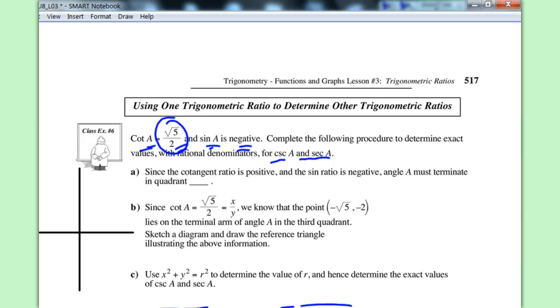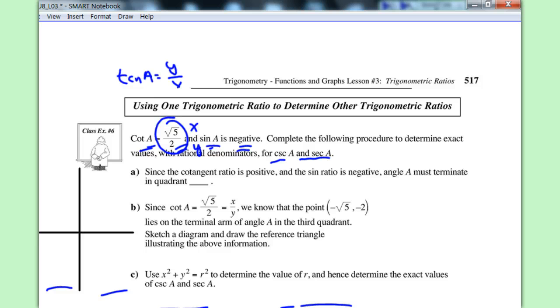Now don't forget the cotangent is the reciprocal of tangent. And tangent of A would be all about y over x. So this is actually x over y, okay? Not opposite over adjacent, but adjacent over opposite, okay? But what quadrant is it in? Well, sine is negative in these two quadrants down here. So it could be in this quadrant, but it says that in this case cotangent's positive.